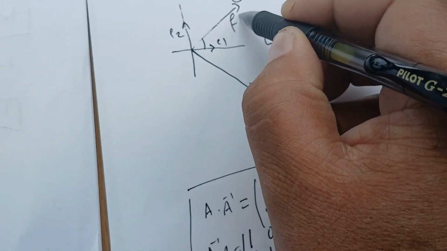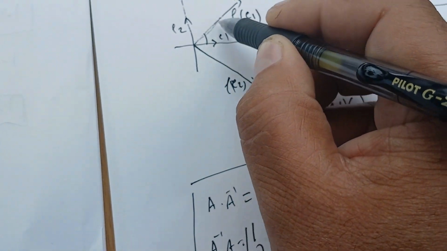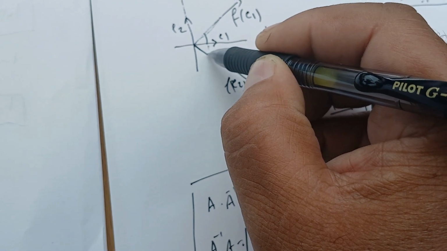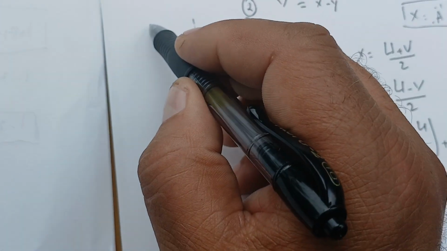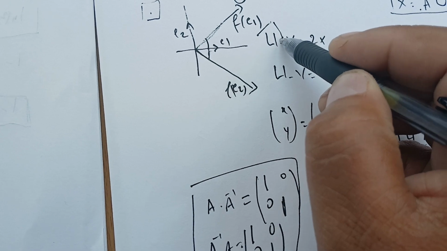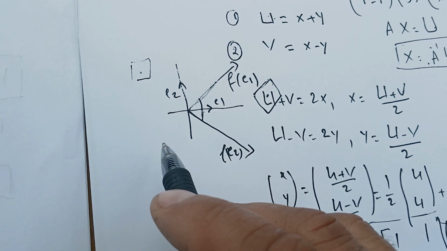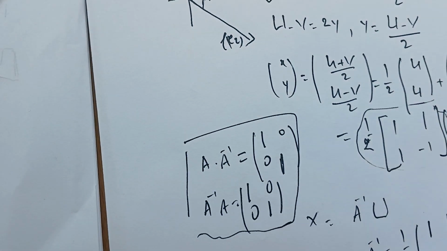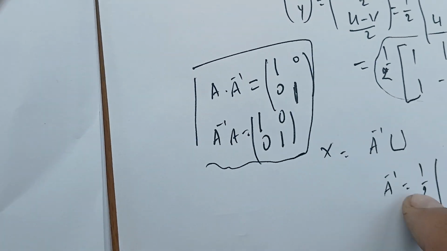So this is f of e1 and this is f of e2, because 1, 1 is 45 degrees and 1, minus 1 is minus 45 degrees. Okay, so if you have some kind of shape, it will take it here. So that's the effect of this matrix. But our aim is to compute the inverse, not to prove the geometric meaning. Anyways, the A inverse is given by this one.